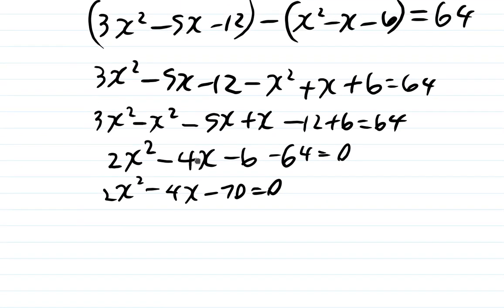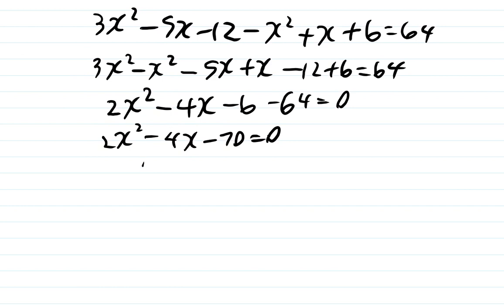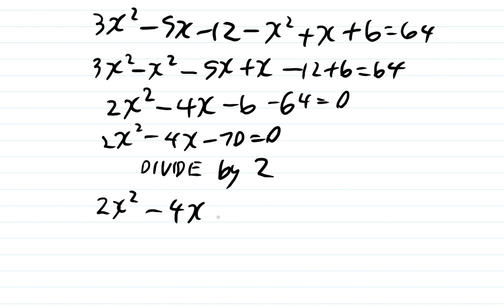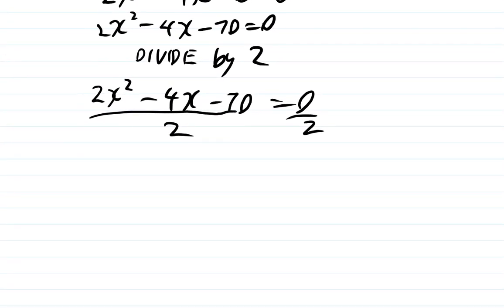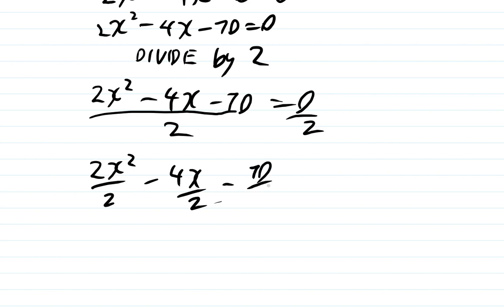You could divide everything by 2. So if you divide 2x squared minus 4x minus 70 equals 0 by 2, it's the same thing as having each item divided by 2: 2x squared over 2 minus 4x over 2 minus 70 over 2 equals 0 over 2. Once you separate it by pluses or minuses, you have each item divided by 2.